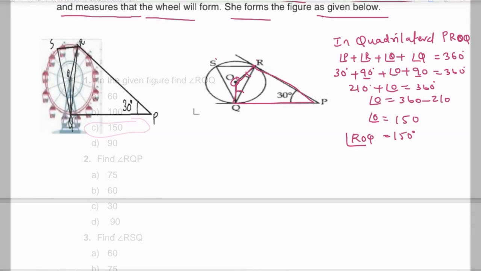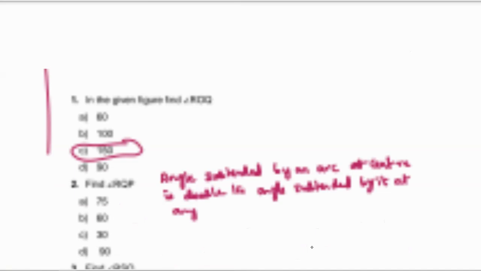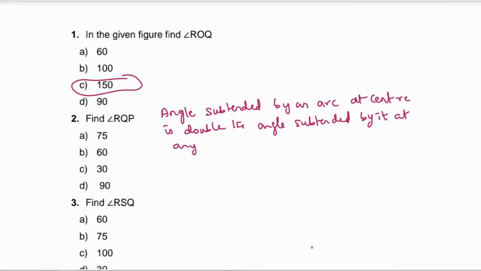Now find angle RSQ. What will be angle RSQ here? The angle subtended by an arc at the center is double the angle subtended by it at any other part of the circle.